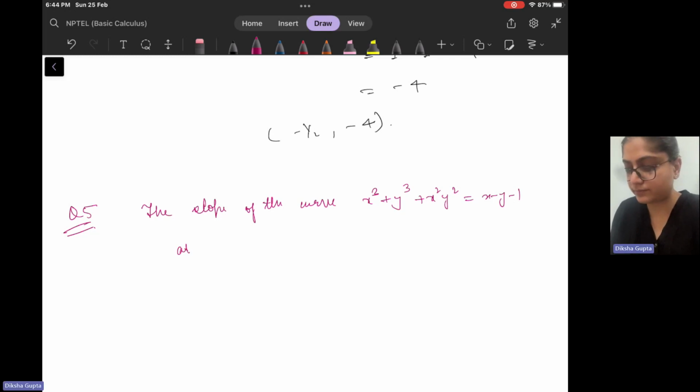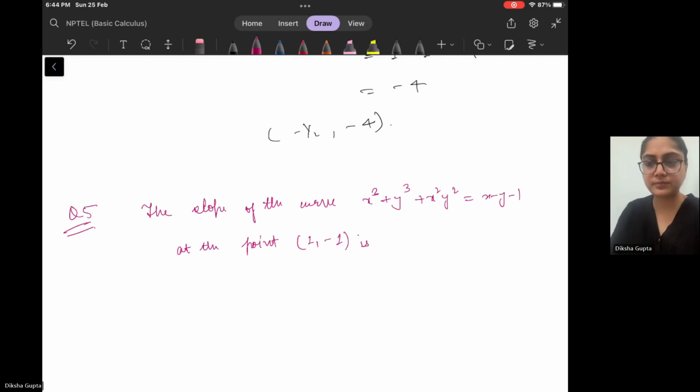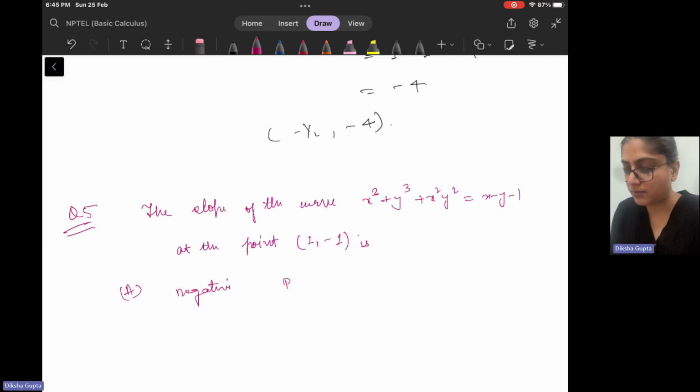At the point (1, -1), you have to find dy by dx. Option A is negative, B is positive, C is 0, and D is not defined.